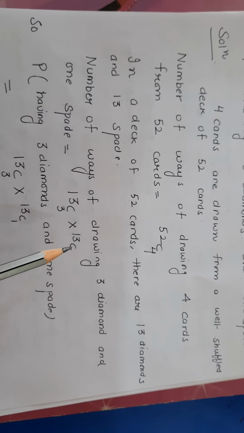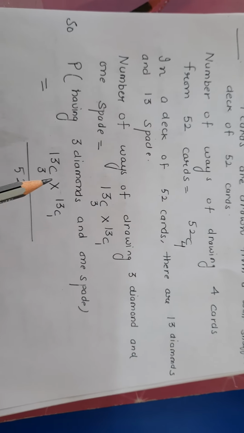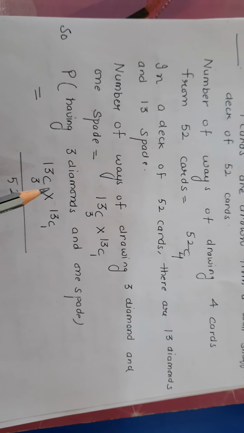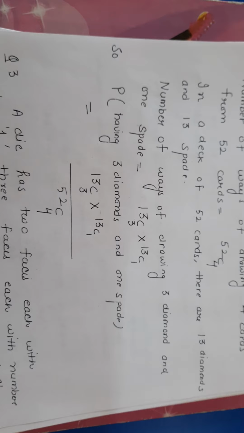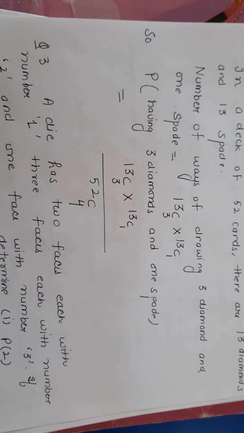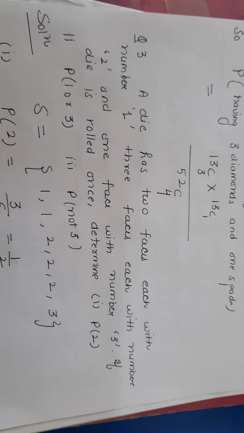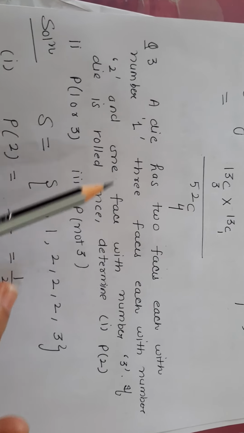This is 13C1. So these are your favorable outcomes. So the probability will be 13C3 into 13C1 divided by the total outcome of sample space. Now the total outcome will be 52C4.